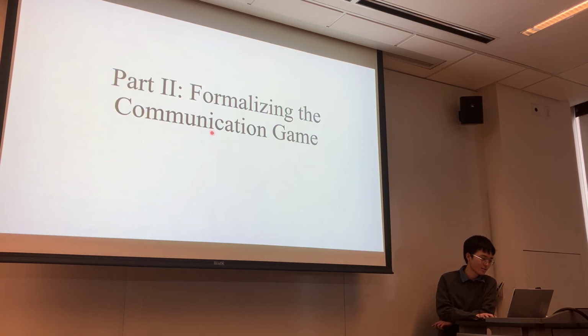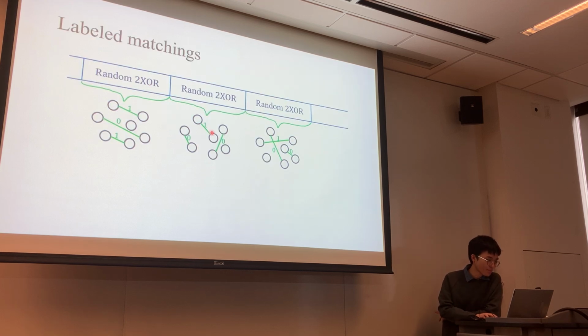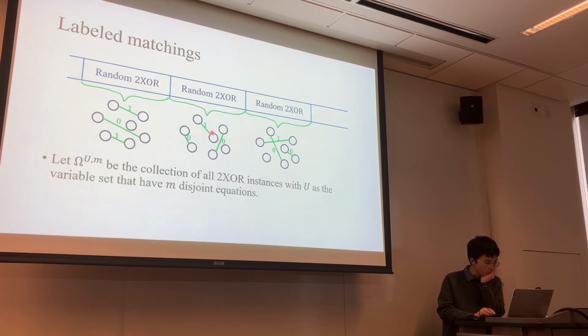Okay, so the next step is to formalize the communication game a little bit. We let this omega of U and M be the collection of all 2XOR instances with U as the variable set, and then M disjoint equations. So it's the set of all label matchings with M edges.